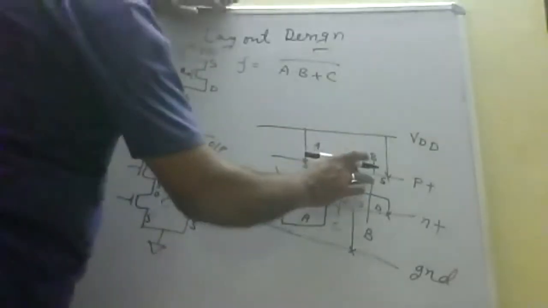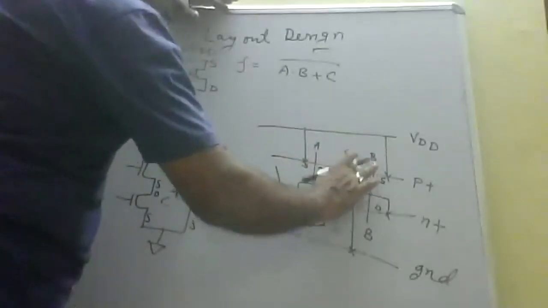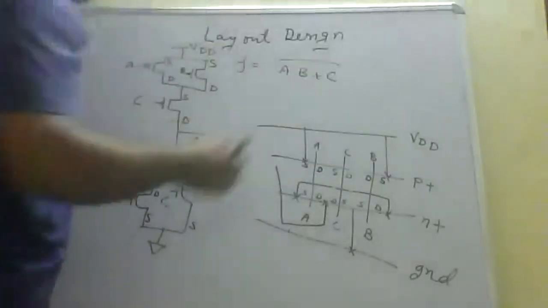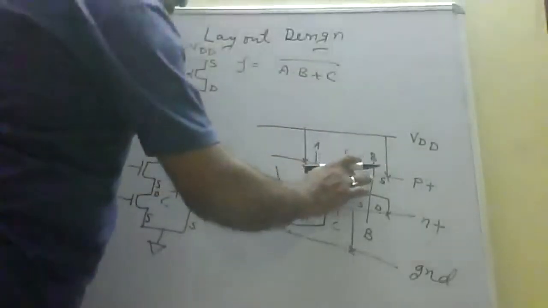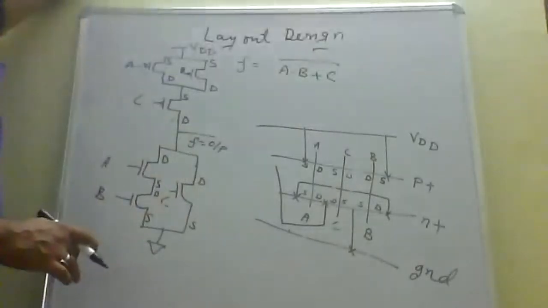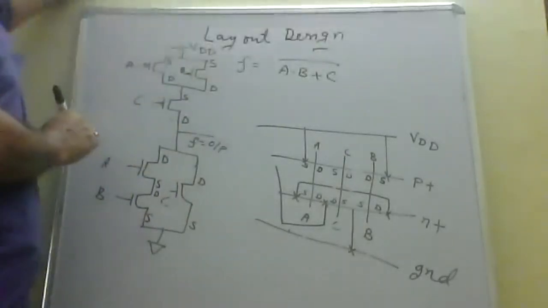If it is not connected, we have to break this P plus diffusion. If I choose this ACB, I have to break this P plus diffusion because there is no connection between the drain of C and the drain of the other PMOS.